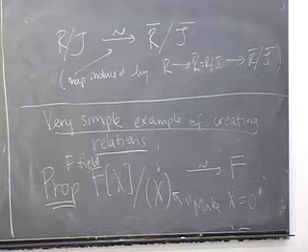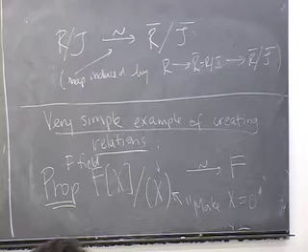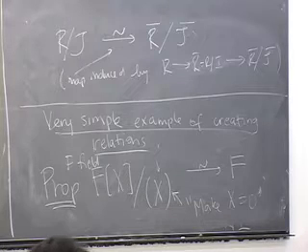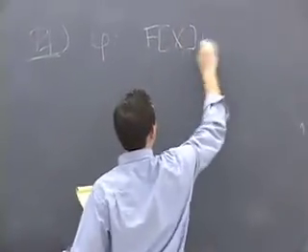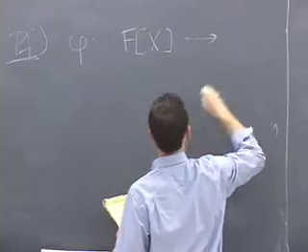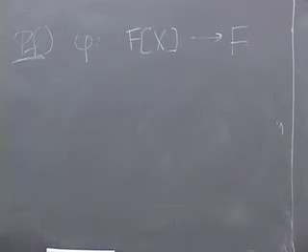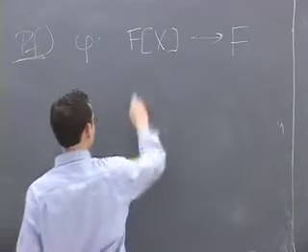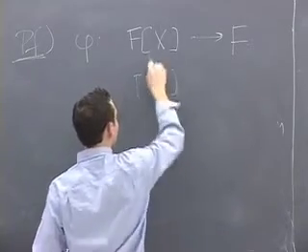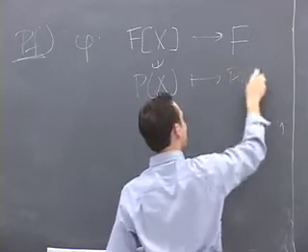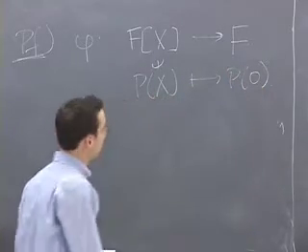But in this simple example, let's just look at the proof and highlight the most important steps. There certainly is a perfectly legitimate ring homomorphism going from F[x] to F. Specifically, I can take a polynomial and map it to its evaluation at 0.